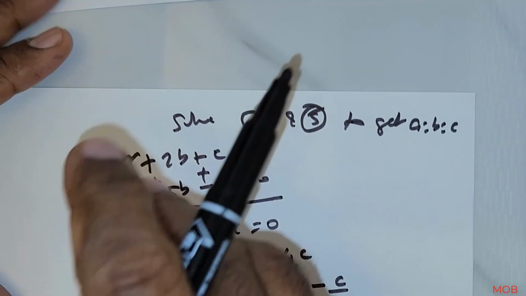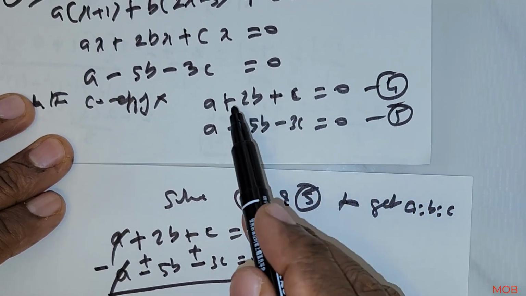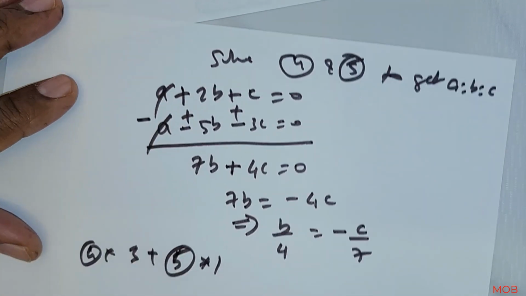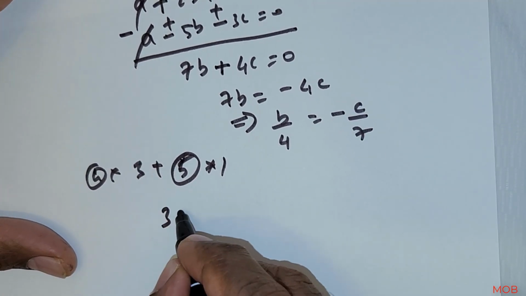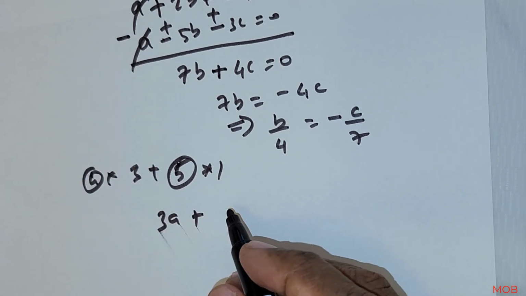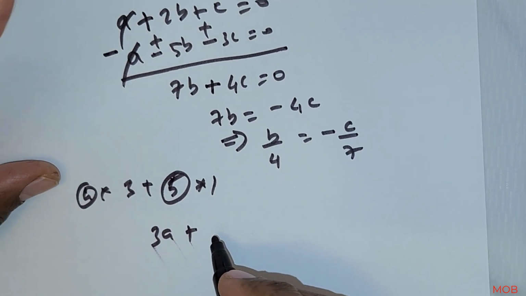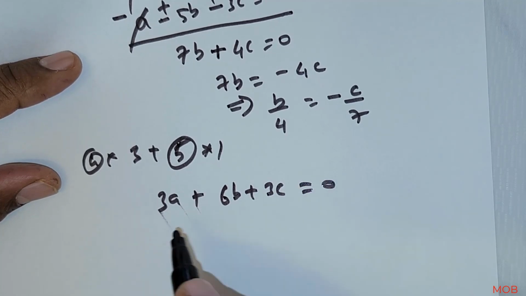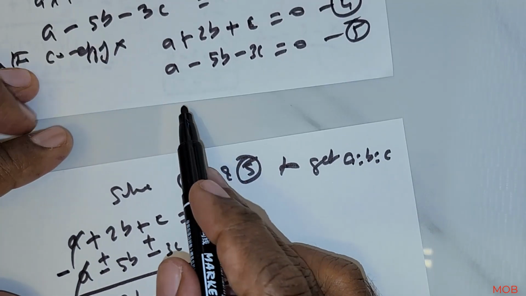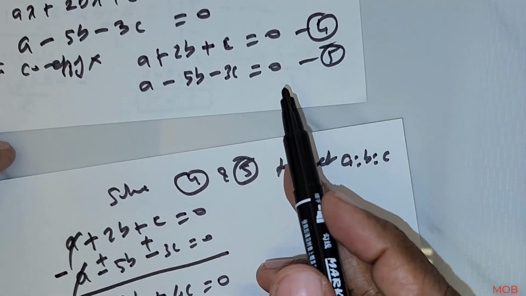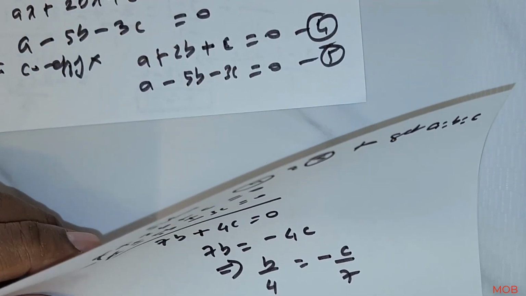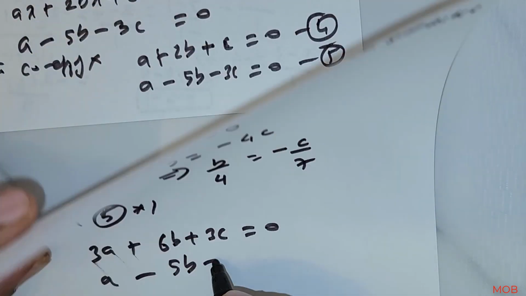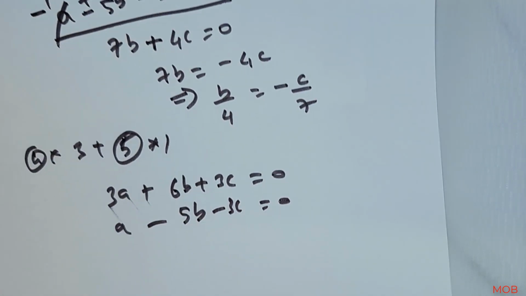So this is 4 multiplied with 3, so that's going to be 3a plus 6b plus 3c is equal to 0, and then with 1, it's going to be a minus 5b minus 3c is equal to 0.